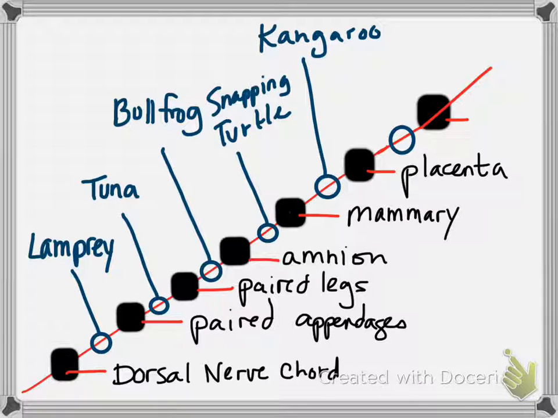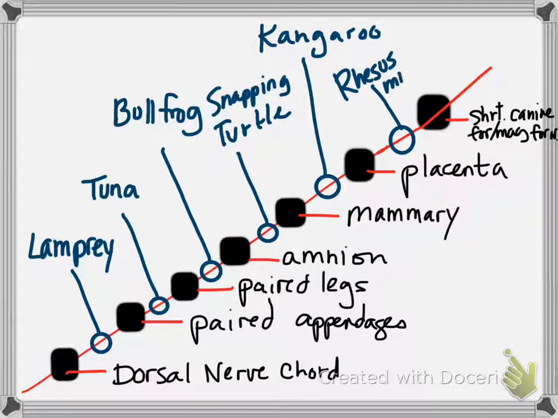Then we see short, I'm just going to abbreviate this, short canines, foramen magnum forward. Okay, so what has got a placenta, but it doesn't have the shortened canines? The Rhesus monkey. And then our last critter on here, of course, is us.